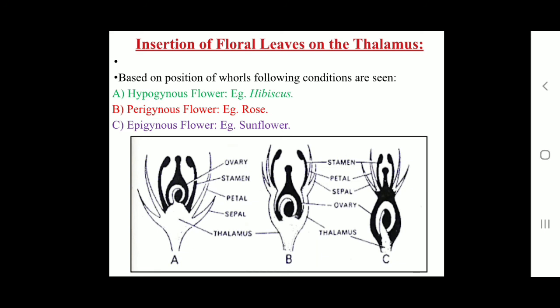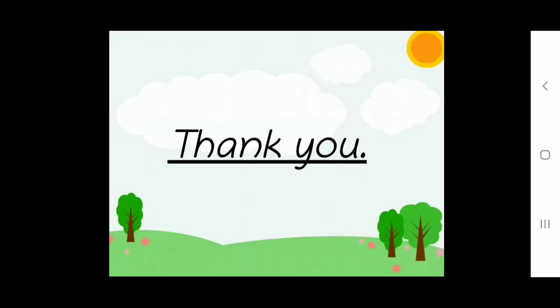Thus, all four whorls are inserted almost at the same level. The flowers which show such arrangement are referred to as perigynous flower. In such flower, ovary is semi-inferior or half superior, half inferior. Example, rose, cassia and bauhinia.